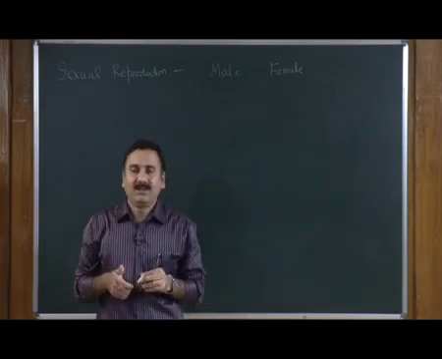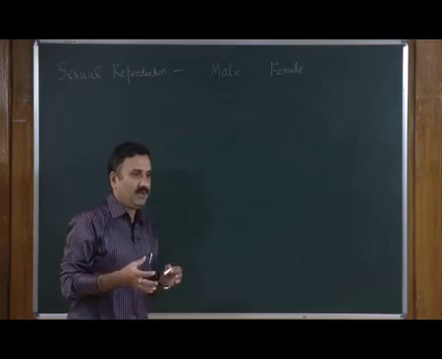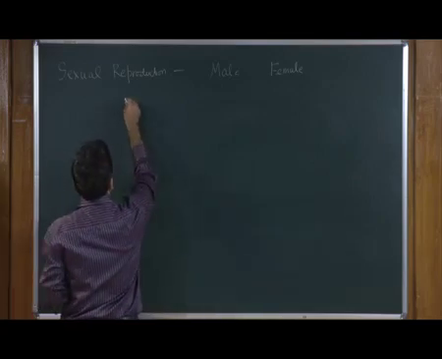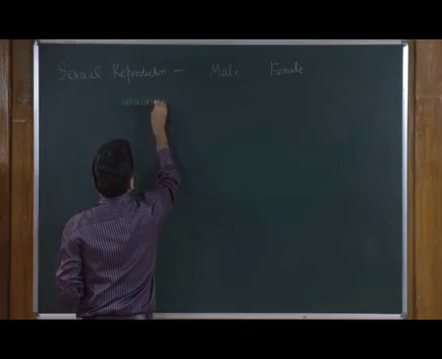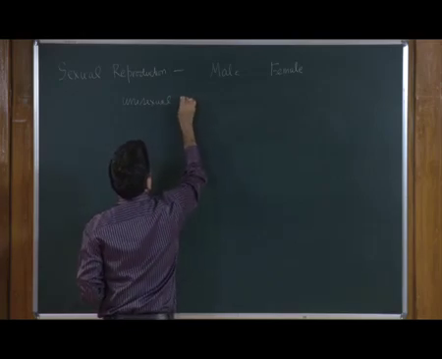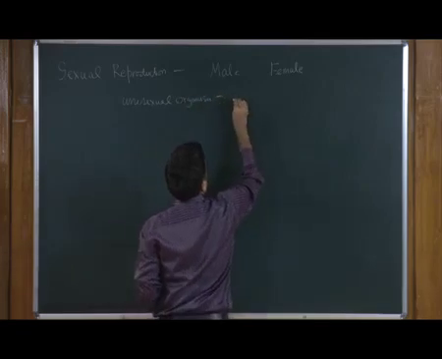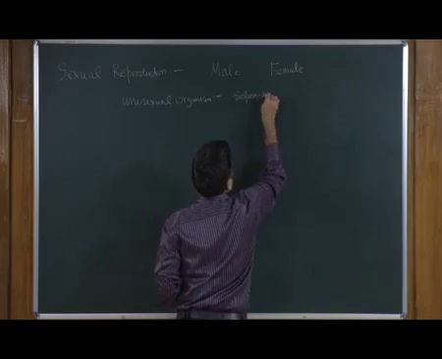In many cases male and female are present in two different individuals, and those kinds of organisms are known as unisexual organisms, where you have separate male and female.